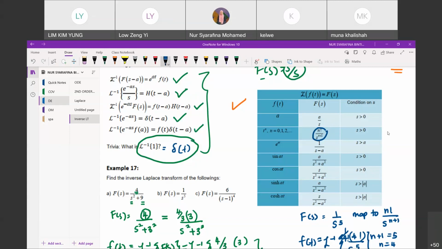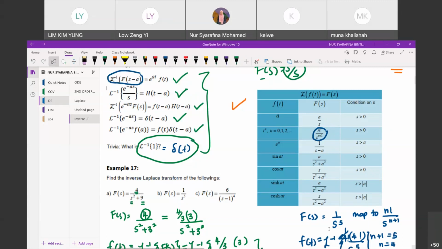So take a look at the properties. This is Dirac, this is Dirac, this is Heaviside, this is Heaviside. So all cannot. So the most suitable form here is F(s) minus a. Okay.